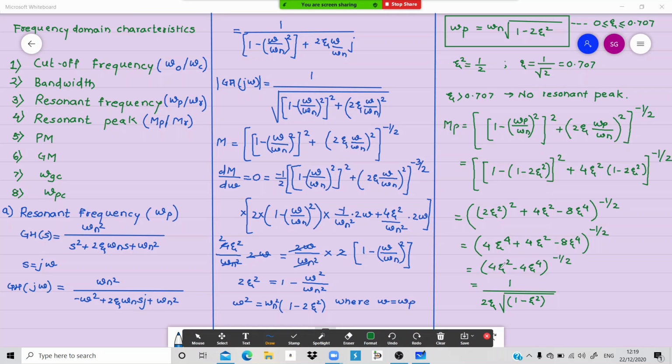So we had taken this 4 zeta square common, root of that 2 zeta, 1 minus zeta square and root of that. So this is giving you the value of Mp. This will be the formula for the value of Mp. I think it is very well understood. So I'll save this.